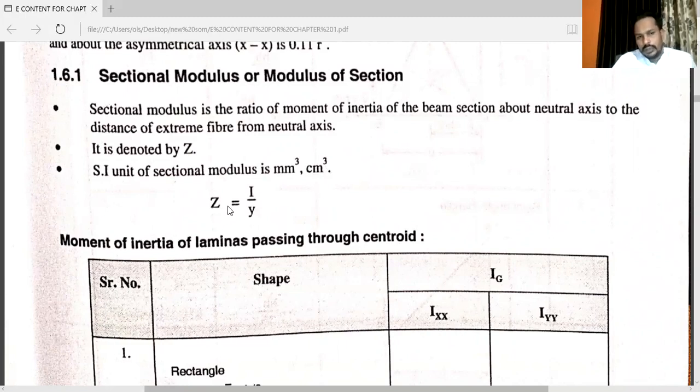Z is equal to I upon Y. Similarly, here there will be ZXX and ZYY. The conditions are the same. Y is the extreme fiber distance from the neutral axis, which I will explain in the diagram also.